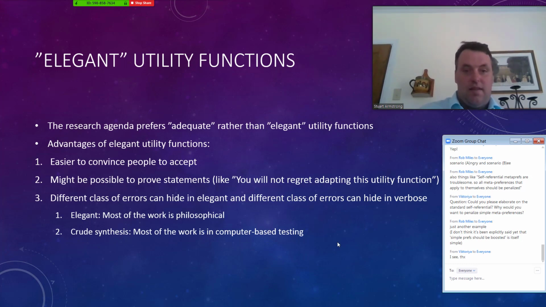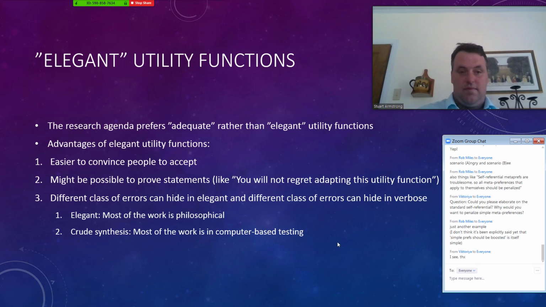I've tried to, here on the screen, come up with some arguments why it might not be so bad, or why it might be desirable to have a more compact, simple, elegant utility function.